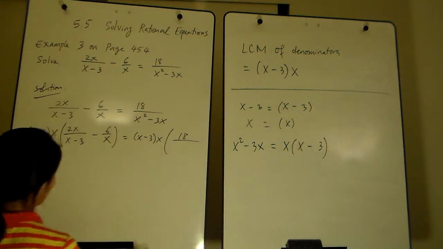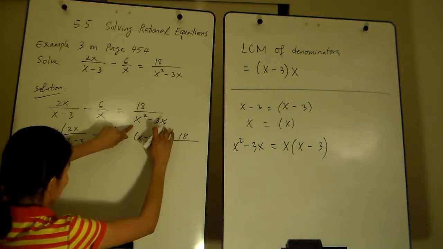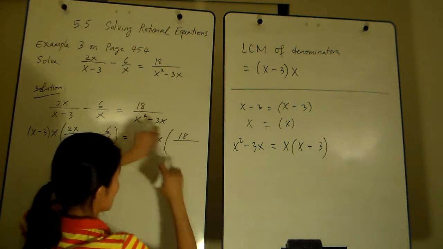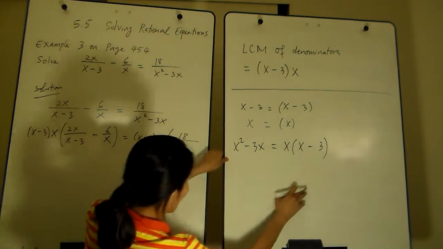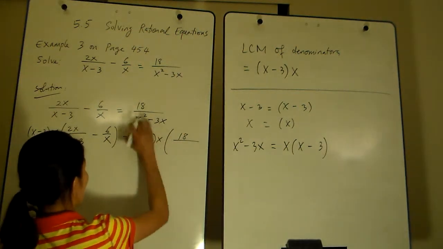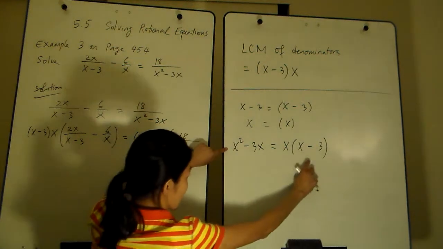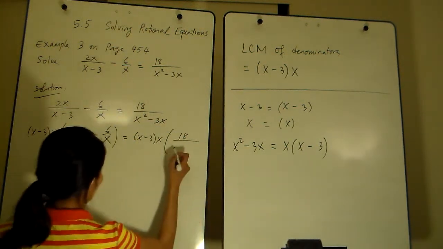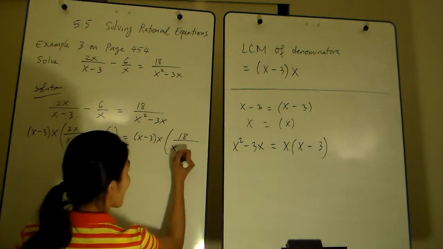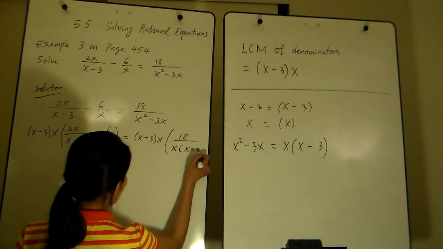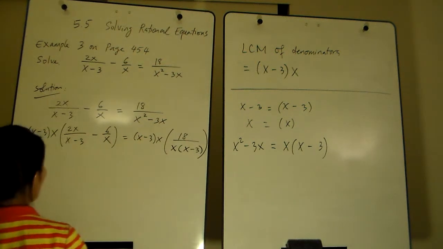Now, for this x squared minus 3x, I can rewrite this in the factored form, so x times x minus 3.